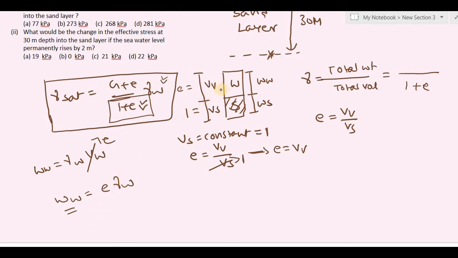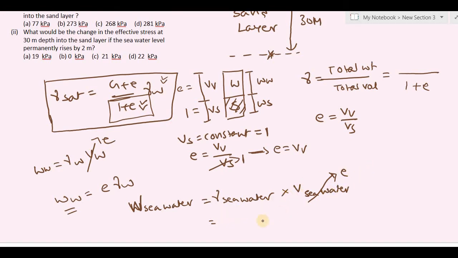But in our case it is sea water, so the weight of sea water equals the density of sea water into the volume of sea water. Volume remains the same, E only. What will change? The sea water density.